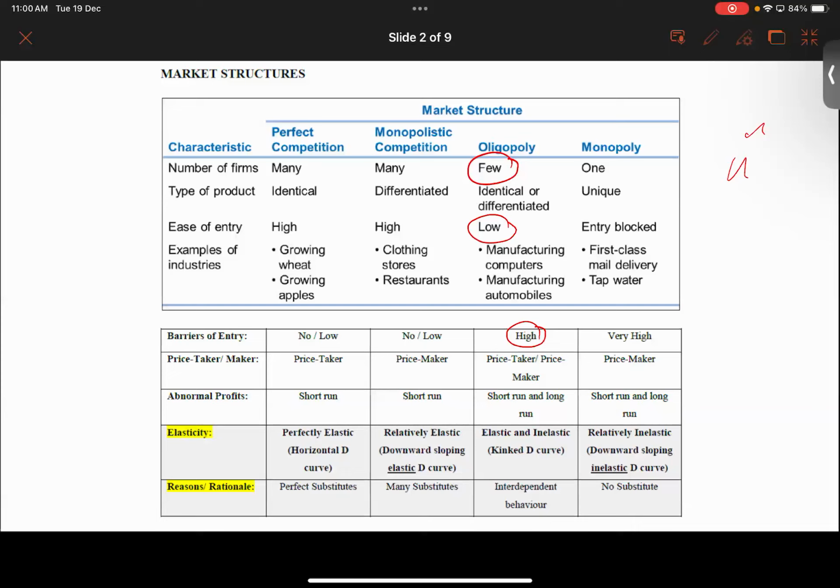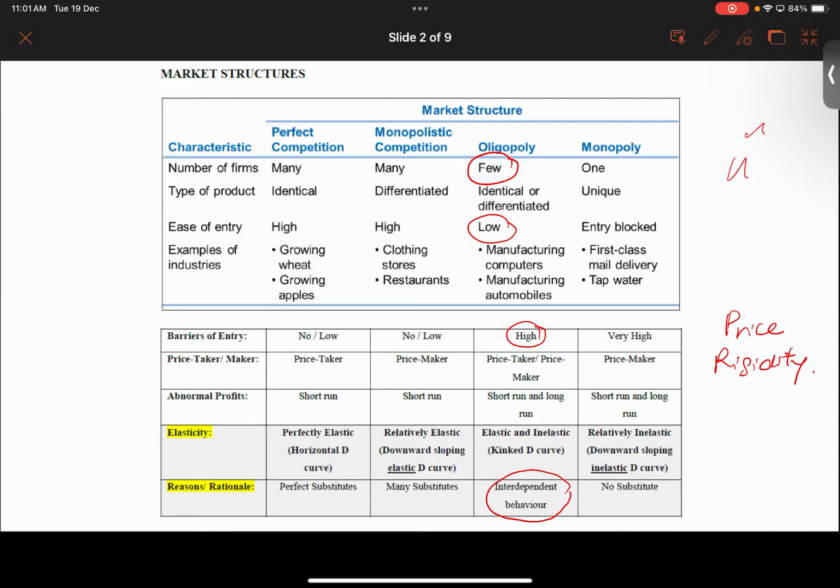Because of this interdependent behavior, the actions done by one firm will affect the others. So they cannot simply adjust the prices. Therefore, here we say that it can either be price taker or price maker. But the most important thing is that later on we'll learn about this term called price rigidity. That means that although they have control over the prices, they cannot simply change the prices because of the interdependent behavior.